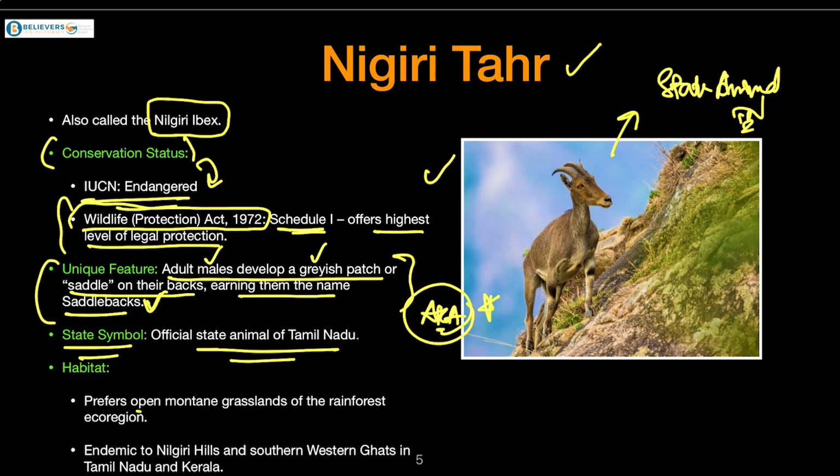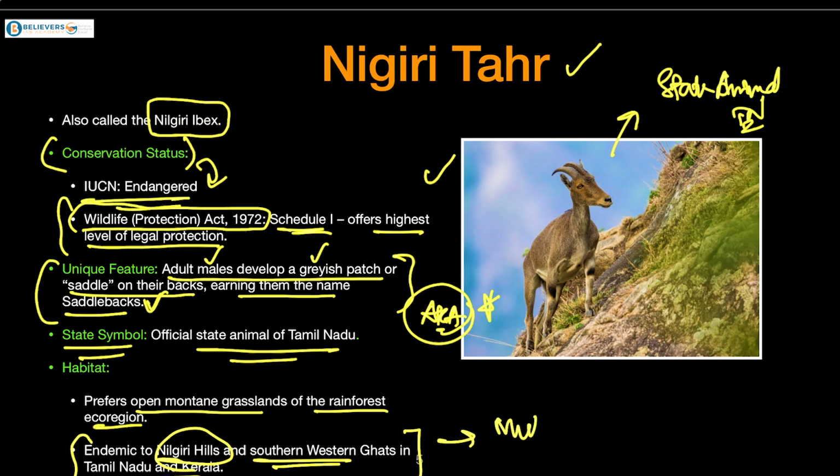Talking about its habitat, it prefers open mountain grasslands of the rainforest ecoregion, and it is endemic to the Nilgiri Hills, southern Western Ghats in Tamil Nadu and Kerala, mostly found in the Mukurthi National Park.